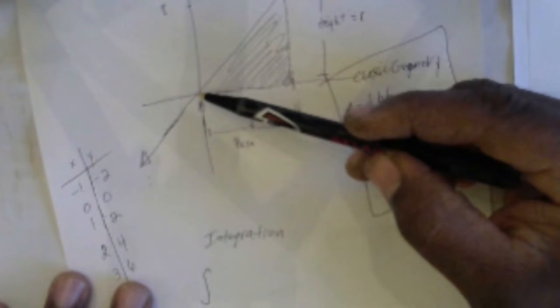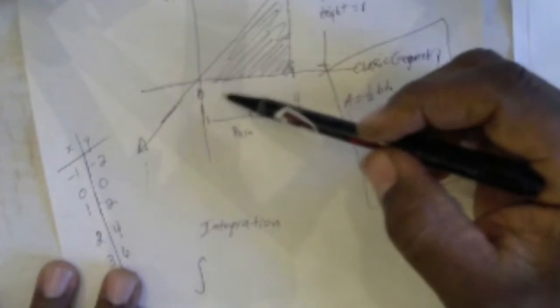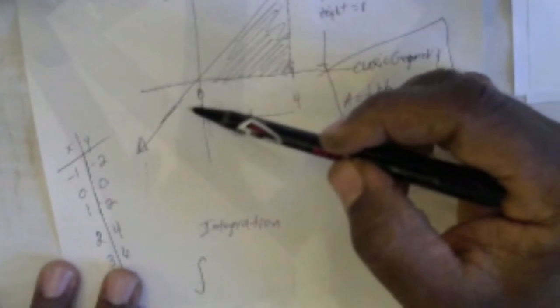Since we're integrating on the x-axis, I'm going to use my domain as my upper and lower limits. We're integrating from 0 to 4, so my lower limit is 0 and my upper limit is 4.